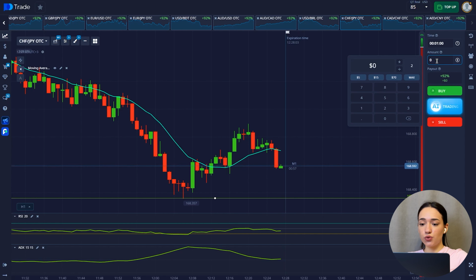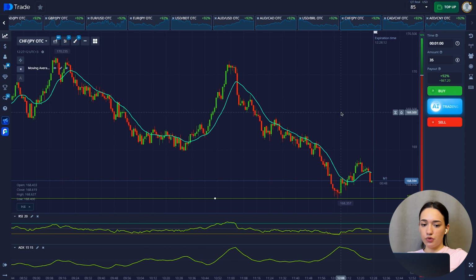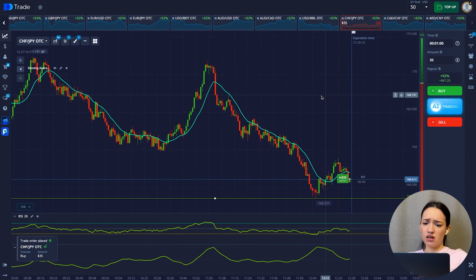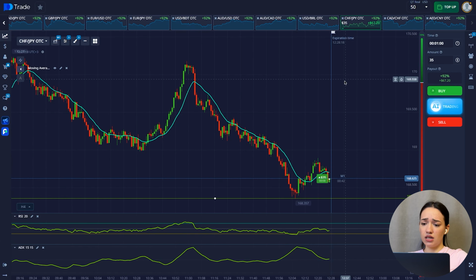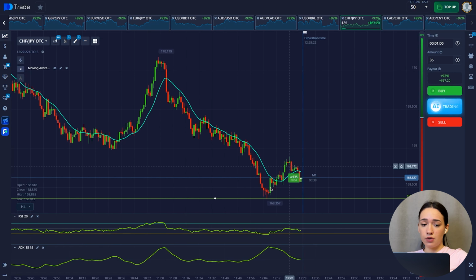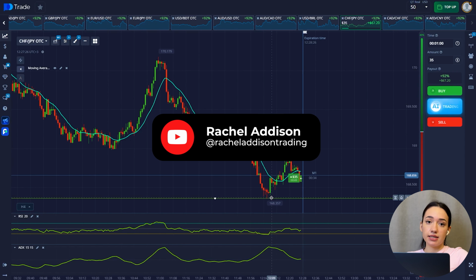We'll open the next trade for $35, and this time already for an up movement. I don't think the trend will keep moving down since this level still looks solid. And based on the analysis that we had before, upward movement makes sense here.